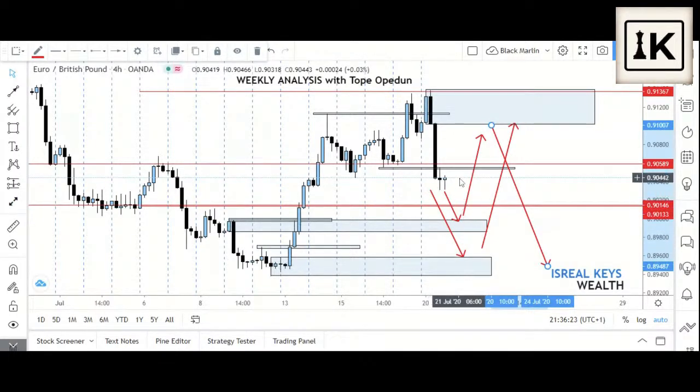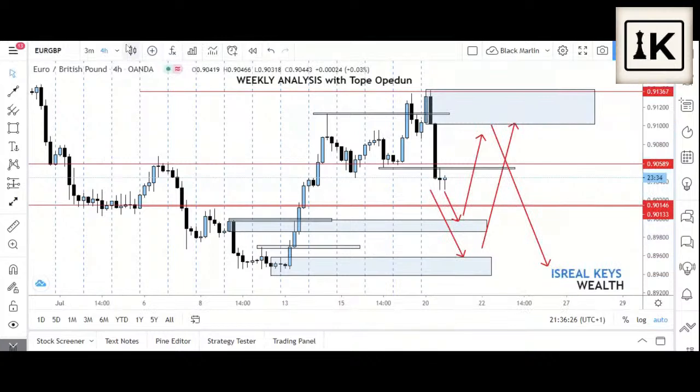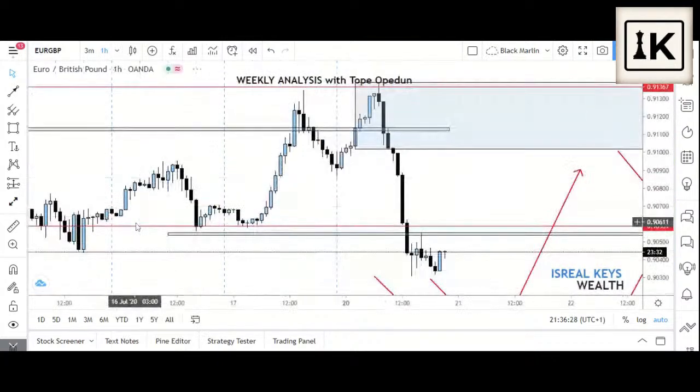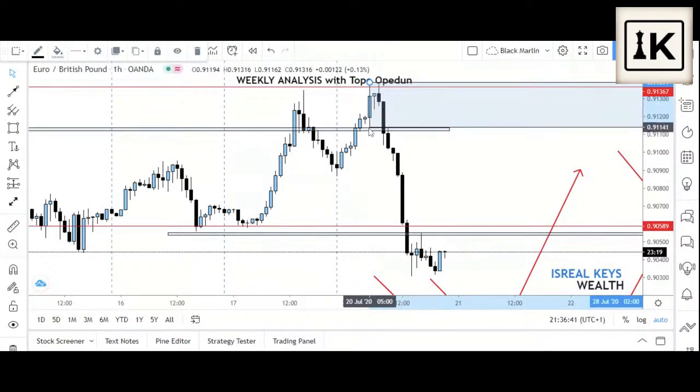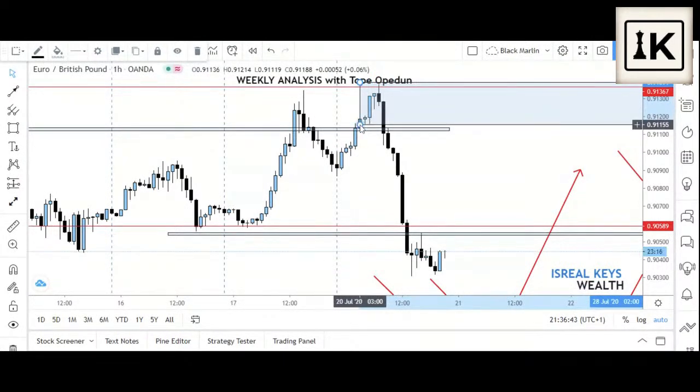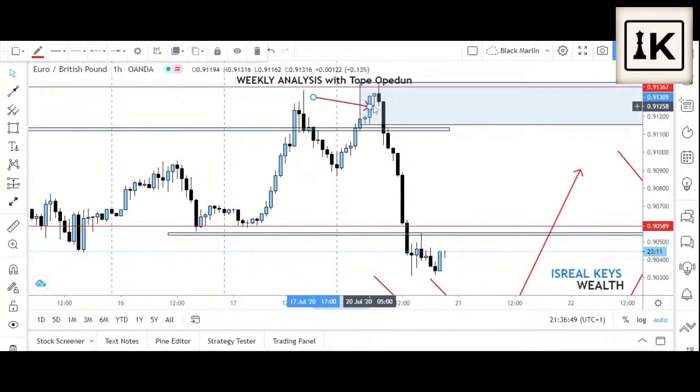So let me go to H4 now. You can see at this very top here, last week's high, there's a significant H1 candle, this blue candle, this big one. Let me point to it. This one. For me to take a trade at this point or get a confirmation, I would wait for another H1 candle to close below this bullish H1 candle.